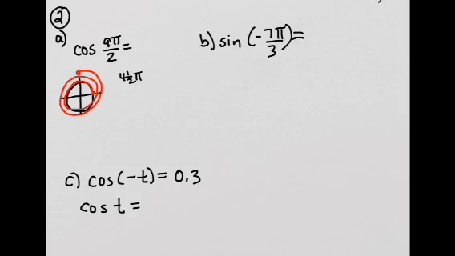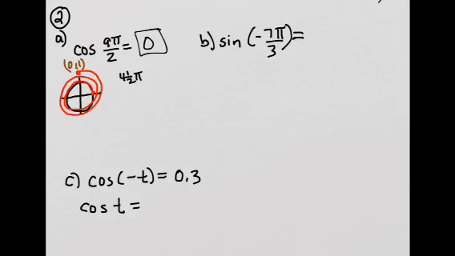So we end up right there. The coordinates right here are 0, 1. Okay, and the definition of cosine is x on a unit circle. So the x coordinate in 0, 1 is 0.